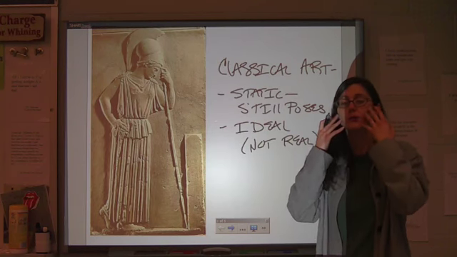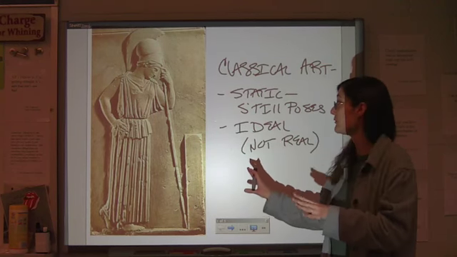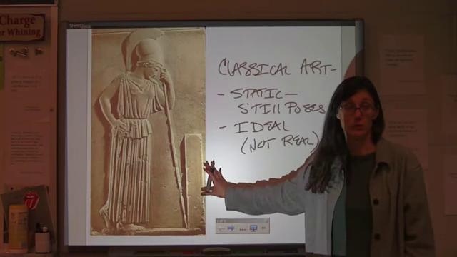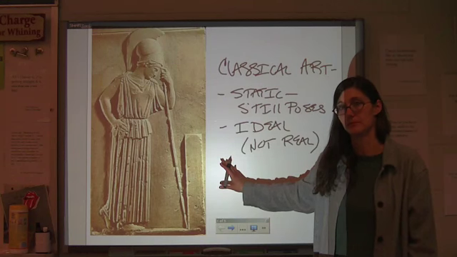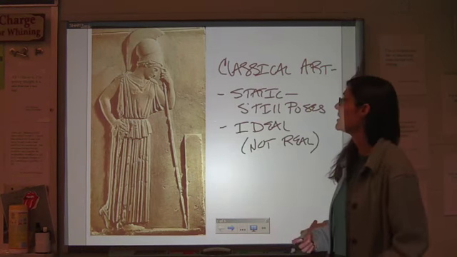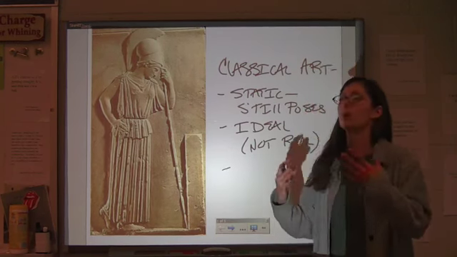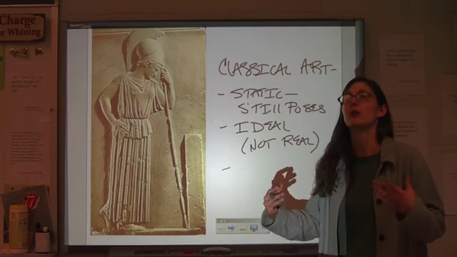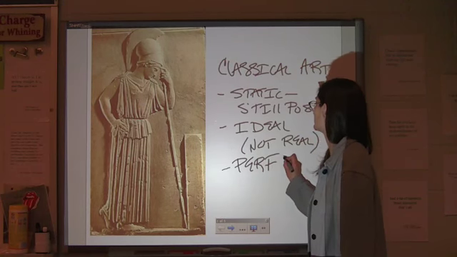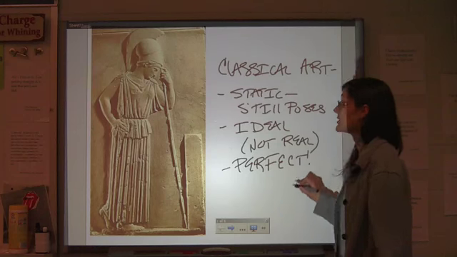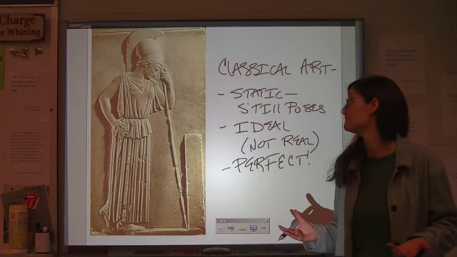You don't see people who look old. You don't see a lot of emotion. It's beautiful. There's a lot of artistry that goes into this, but those are not qualities that we see with classical art. Okay? So they tend to be very much idealized. You have the perfect body. You have the perfect athlete. Which is something that the Greeks were supposed to be forever striving for.